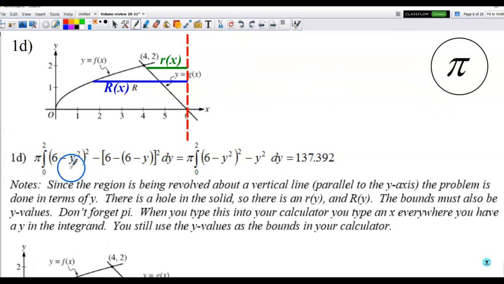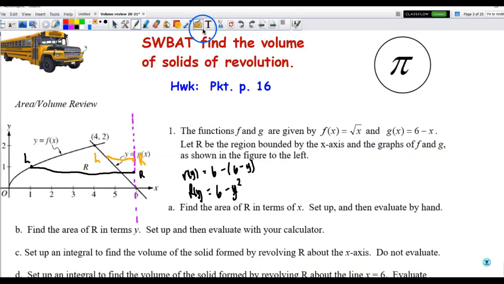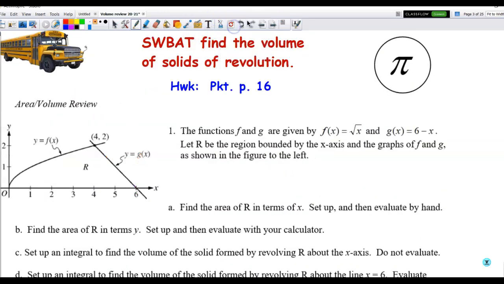So you can see exactly what I said before. Big R minus little r. You can distribute the negative and combine your like terms, and then you can type this into your calculator and get the decimal answer. All right, let's reset this.